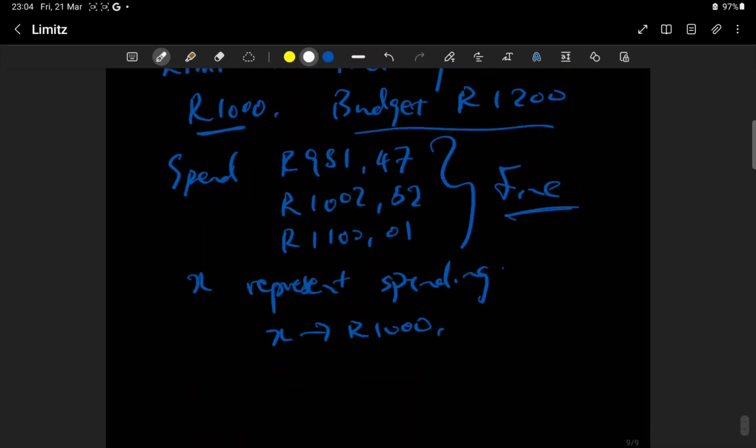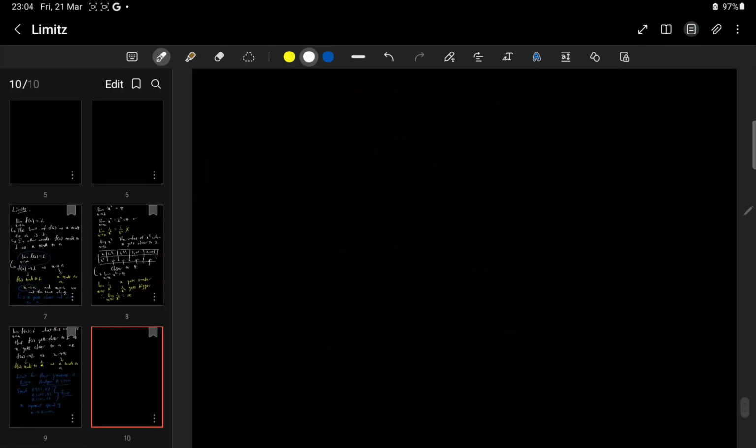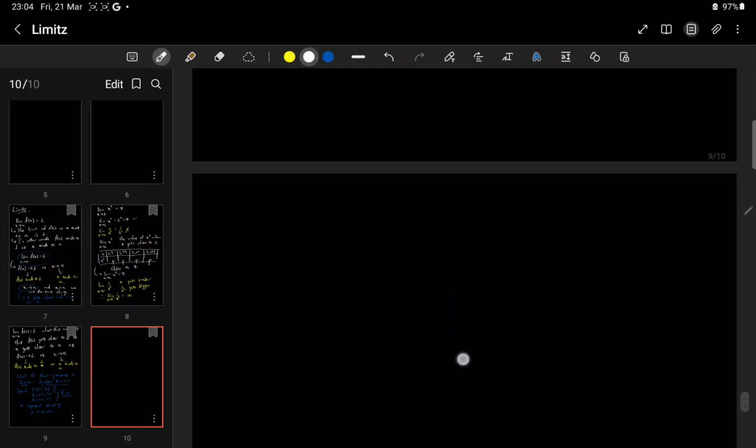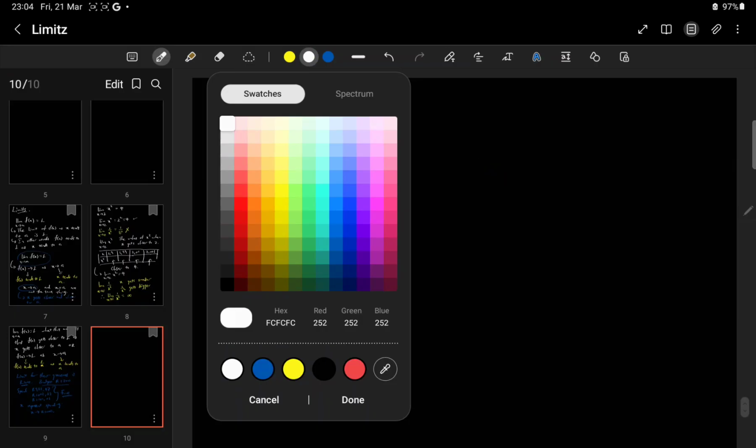So now there is something that we call the left limit and the right limit. Maybe let's get into that just now. So we have the left and the right limit.